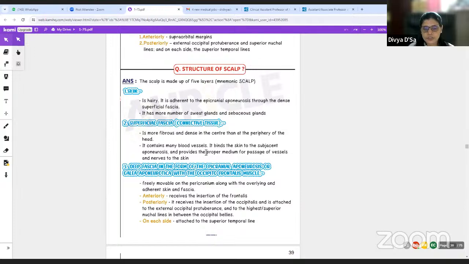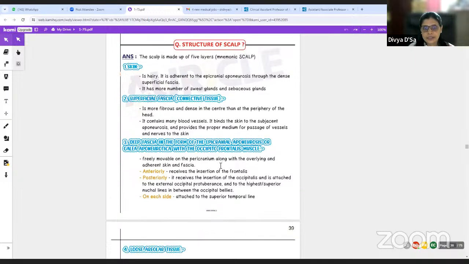And here the superficial fascia will have many blood vessels, and it binds the skin to the underlying aponeurosis and provides some medium for the passage of vessels and nerves. Then the third layer is the aponeurotic layer, with the occipitofrontalis muscle. So here it is freely movable on the pericranium along with the overlying adherent layers. So basically the first 3 layers are adherent to each other.